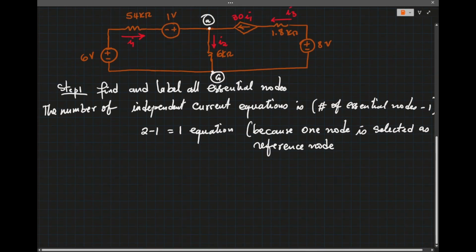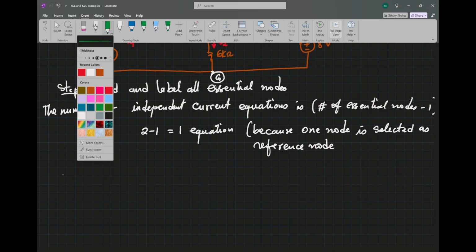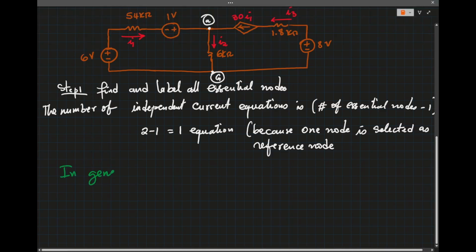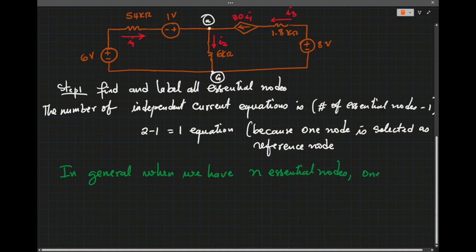In general, when we have n essential nodes, one of them will be selected as the reference node.